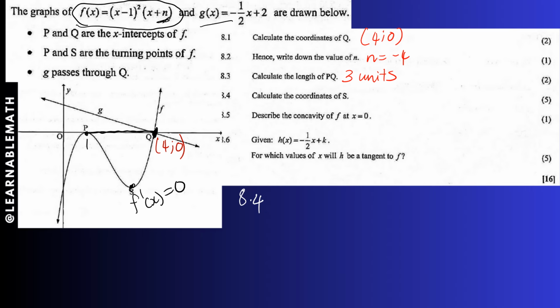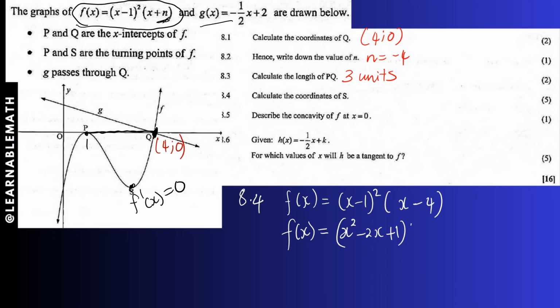We are going to first find the equation. The equation is (x - 1)², and we have n, which is -4, so it's (x - 4). We'll start by simplifying this. So this will be (x² - 2x + 1) multiplied by (x - 4). x times x² is x³, -2x times x is -2x², 1 times x is x. Then -4 times x² is -4x², -4 times -2x is positive 8x, and -4 times 1 is -4.